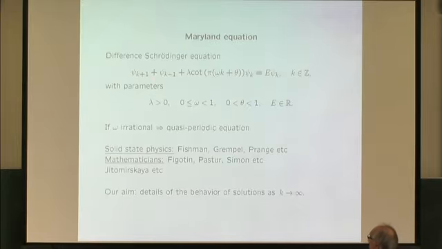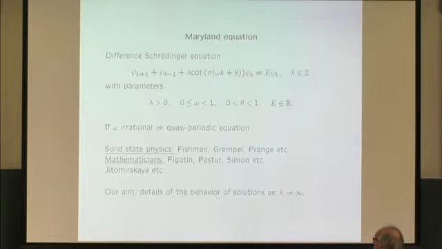In this equation, there are two natural frequencies. The first one is related to the period of cotangent. So there is one period equal to pi, and the second is the distance between two consecutive arguments of the cotangent function in this formula.